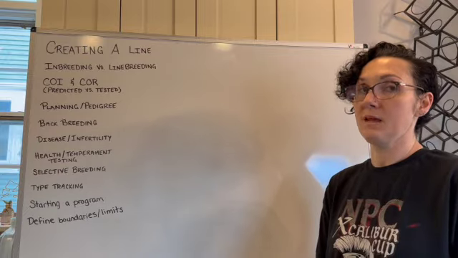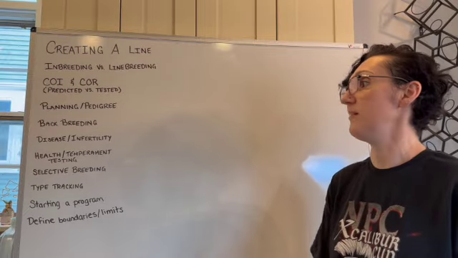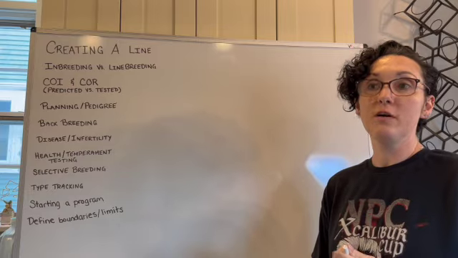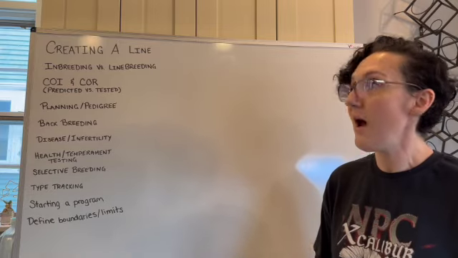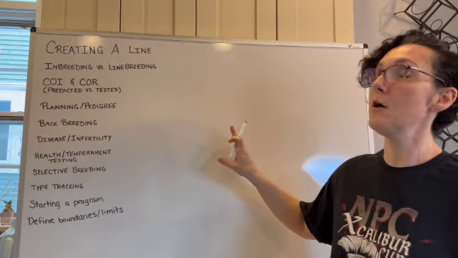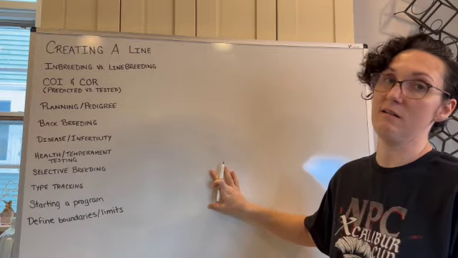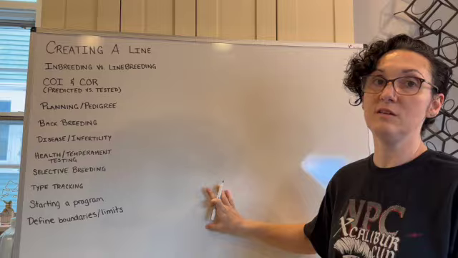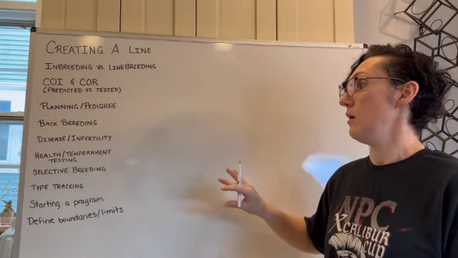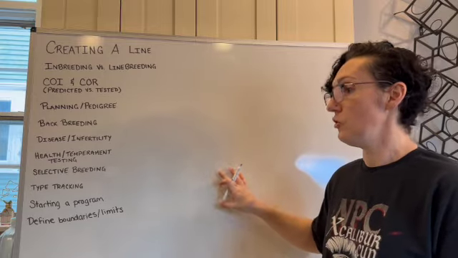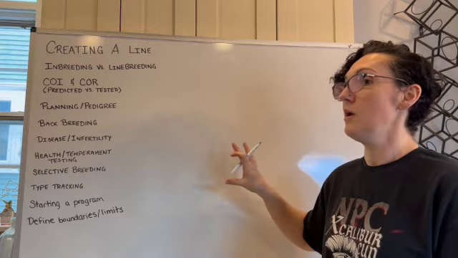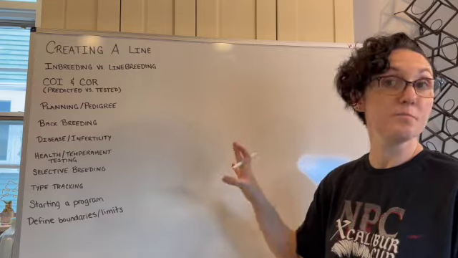So again, with the type tracking, temperament testing, health testing, once your dogs are old enough, I highly recommend, even if you don't want to do full OFAs, do the preliminaries, because you need to go back to having a rule book that you follow.